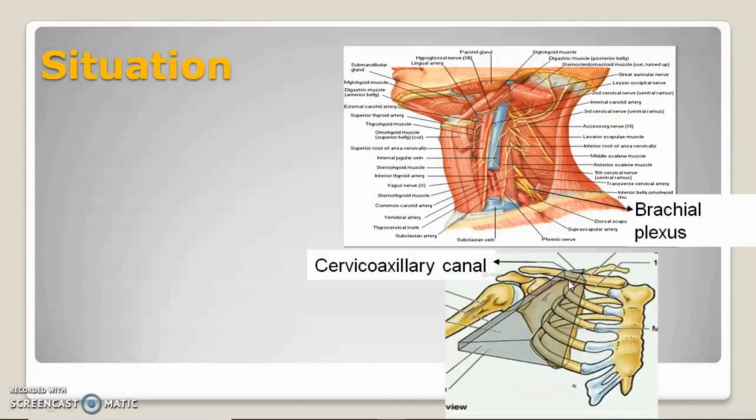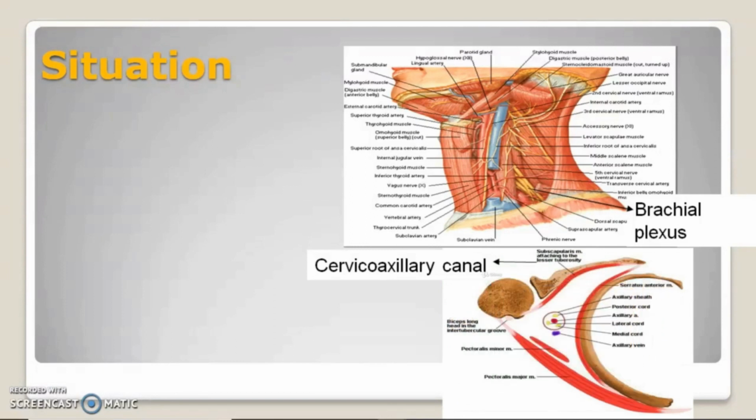Through that cervico-axillary canal, this brachial plexus is going to enter. So the brachial plexus first originates from the neck region, reaching the posterior triangle of the neck. Later it descends downwards to reach the axilla. While reaching the axilla, it passes through the cervico-axillary canal. That's all about situation.